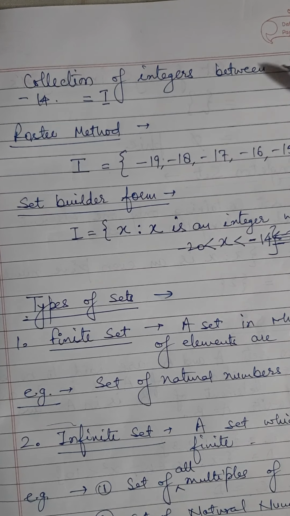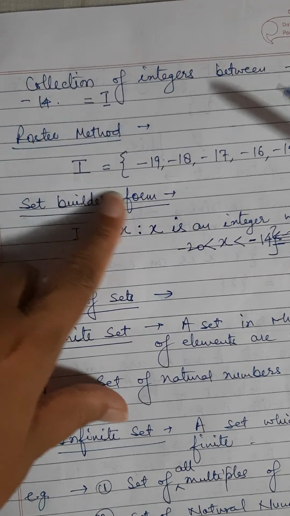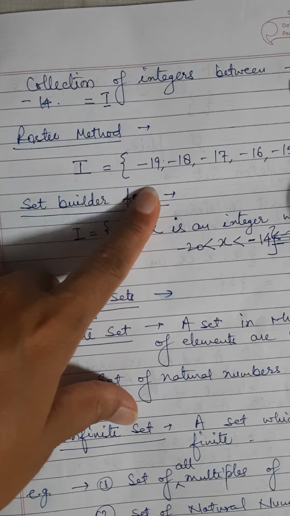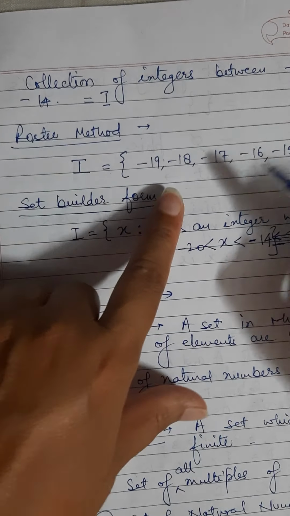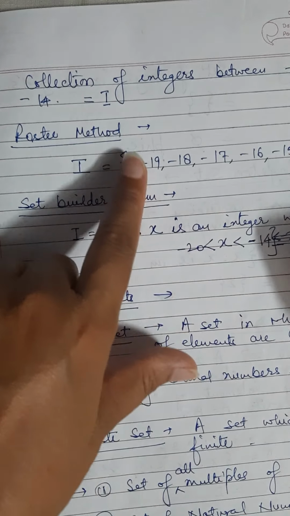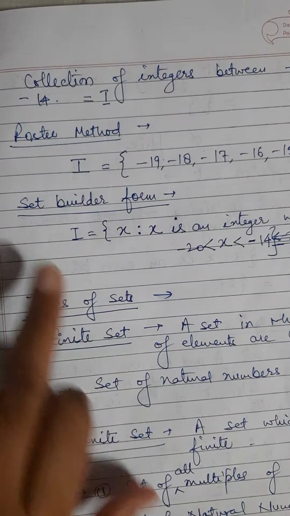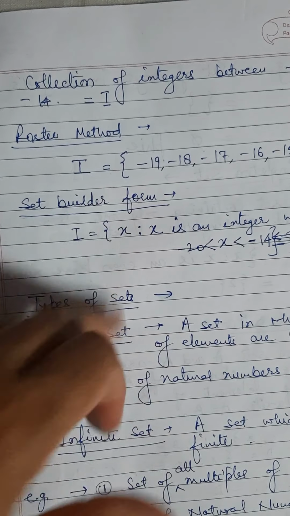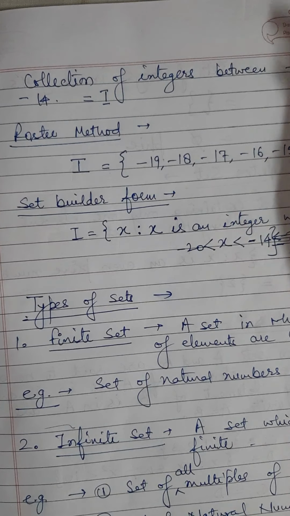These are the integers between -20 and -14. We write them separated by commas, in between curly brackets. This is called representing the set in roster method.